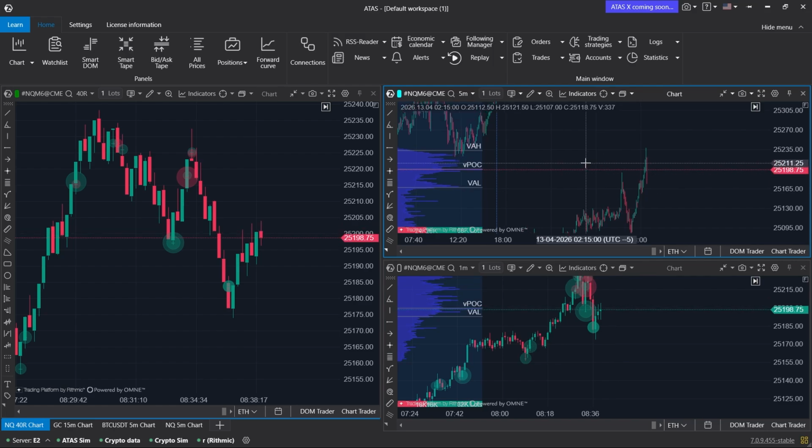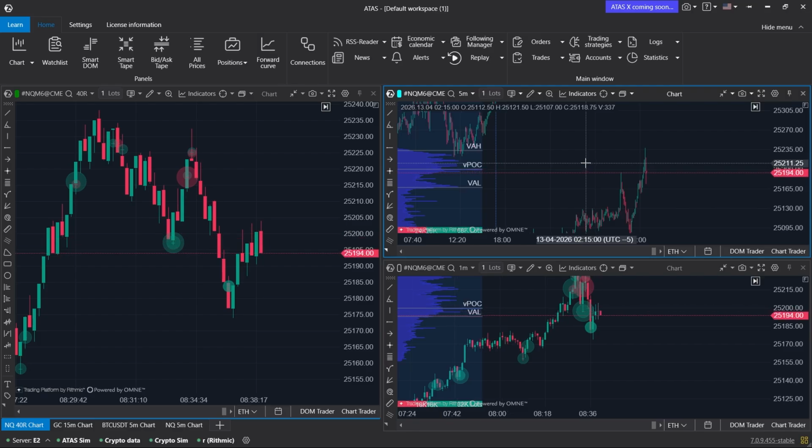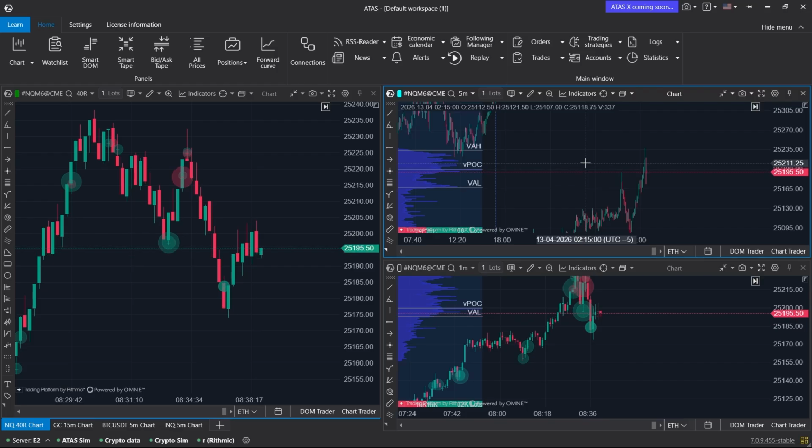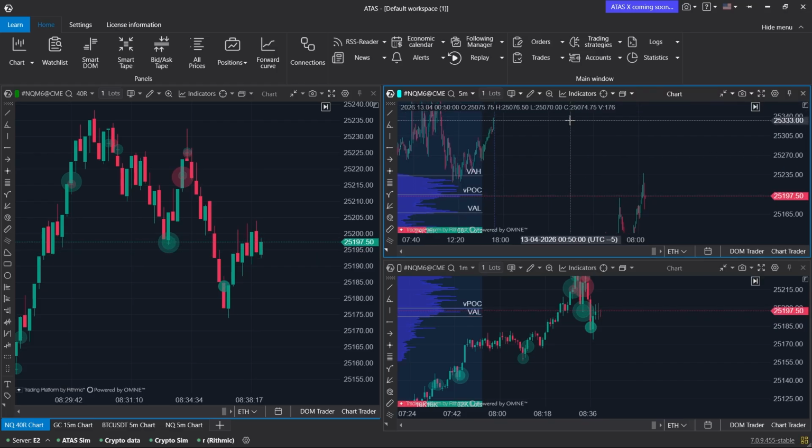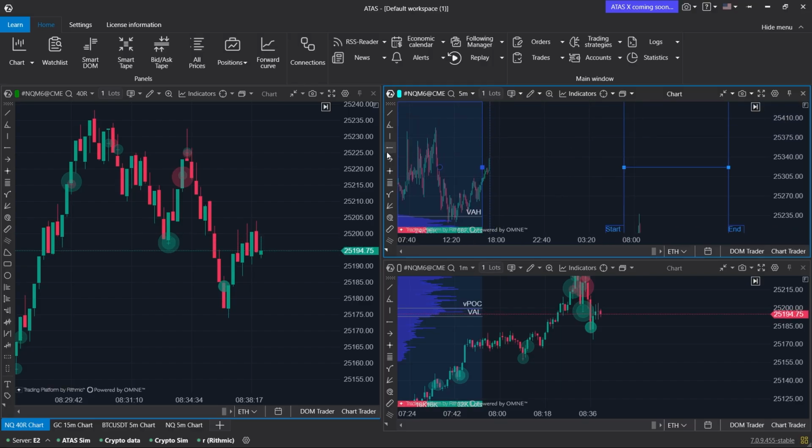The bubbles that you are seeing on my chart are an indicator called big trades, which, as its name says, filters out the big trades, the levels which have the most trades and a big amount of trades placed at a single level.